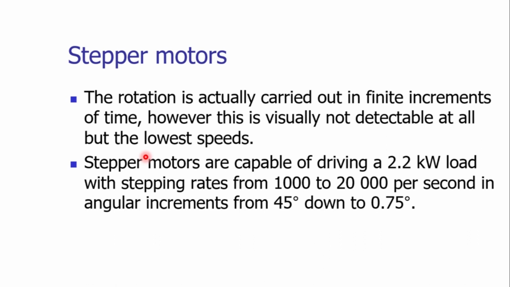Visually, it's not detectable when the shaft is rotating at high speed. But if you reduce the speed of the shaft, then you can easily make out that there is a discrete rotation, a discrete increment or discrete variation in the position of the shaft. The shaft is moving in increments along the angular direction.